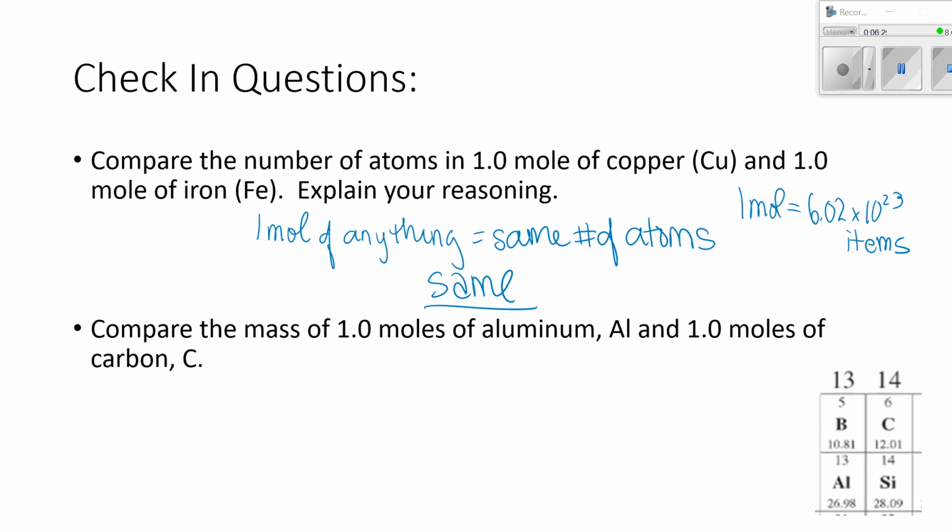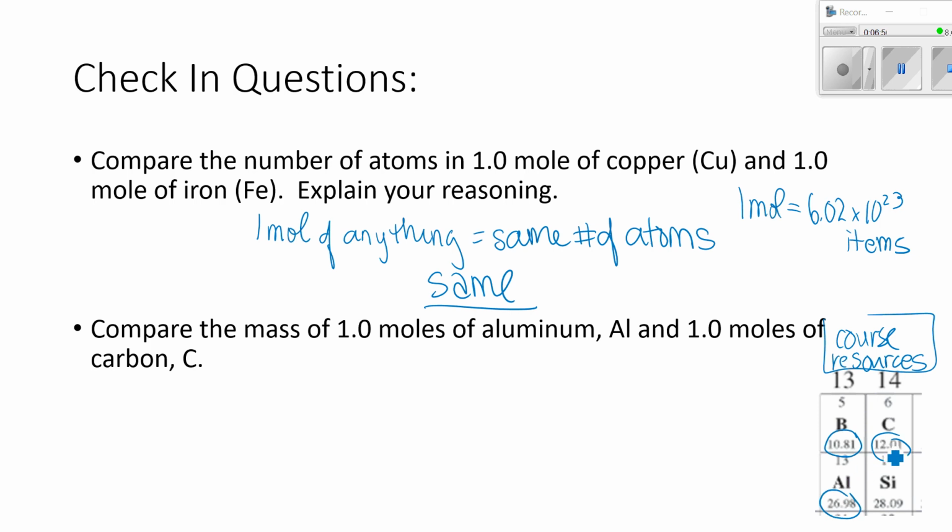Now let's think about it in terms of mass. If I were to compare the mass of 1 mole of aluminum and 1 mole of carbon, what could I say about their masses? Well, you might remember from chemistry looking at the periodic table, which you can find in your course resources section of the content library, this value right here on the bottom is what we call the molar mass.